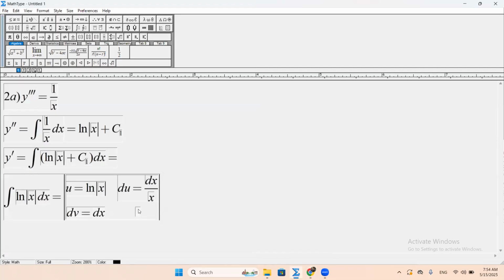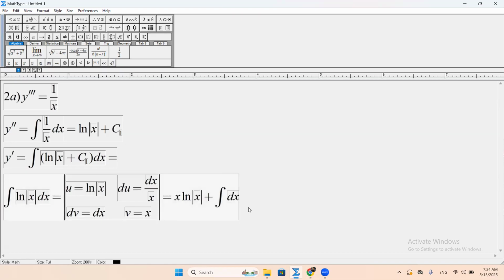So then v equals x. So having the following expression, x by logarithm of module x plus the following integral. So just dx.